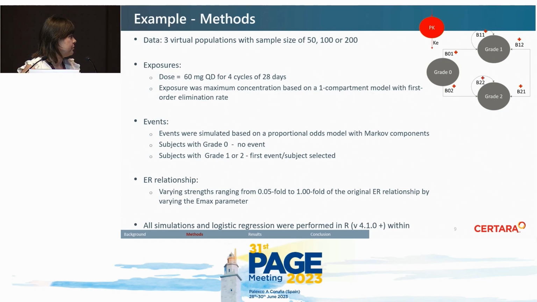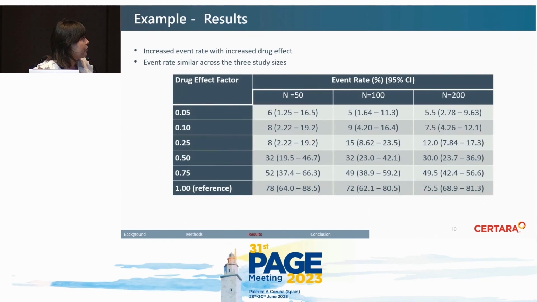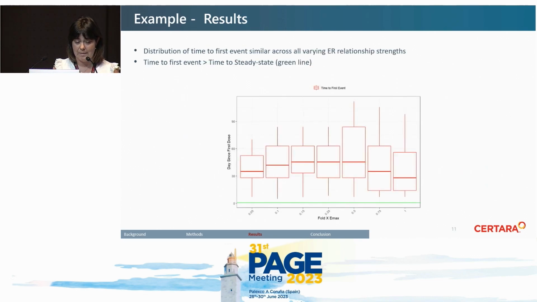I don't know where my RStudio went, but it's gone from the slide. So just to show you the simulated data sets that we got from this model, illustrated here by the event rate, we saw an increase in the event rate with increasing drug effect. We saw similar event rates across the 3 different study sizes, so just what we expected and what we wanted to see.